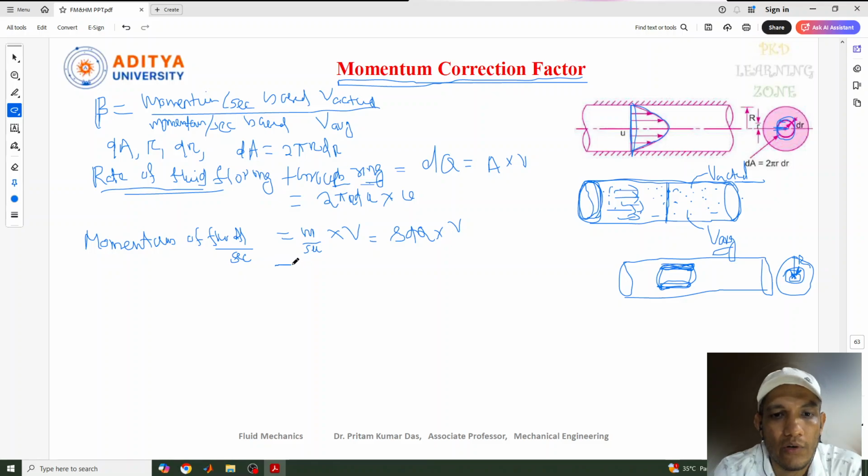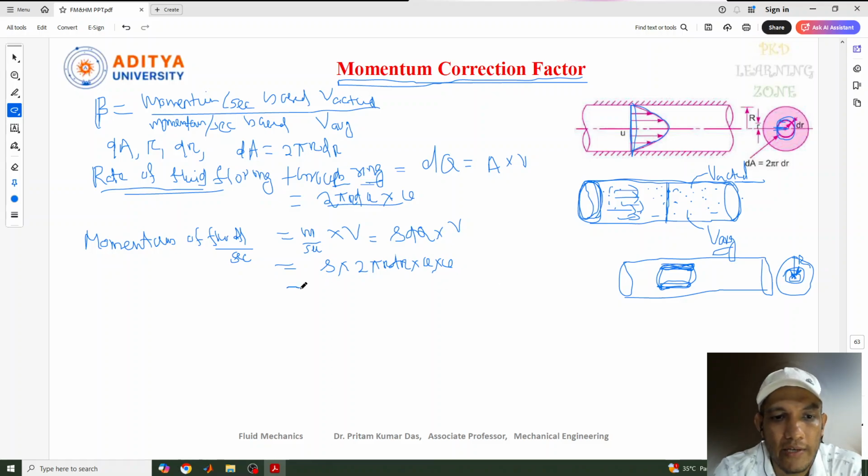Rho into dQ is nothing but A into V, which is rho into 2 pi r dr into u, into again the velocity u.